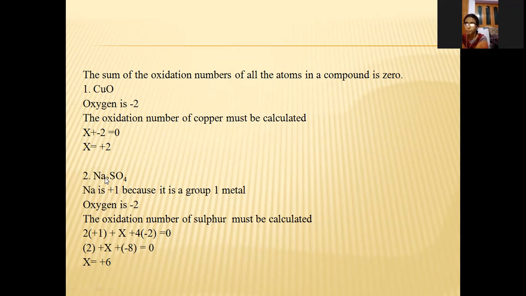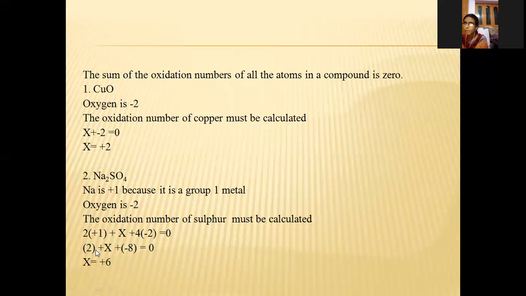There are two sodium atoms, so 2 times plus 1, plus X, and 4 oxygen atoms, each minus 2, is equal to 0. So 2 plus X, 4 twos are 8, minus 8, is equal to 0.